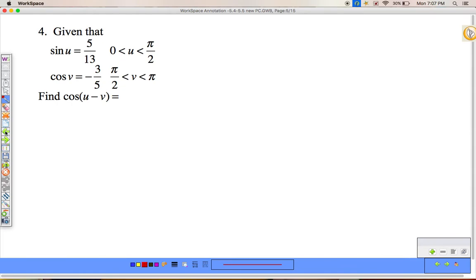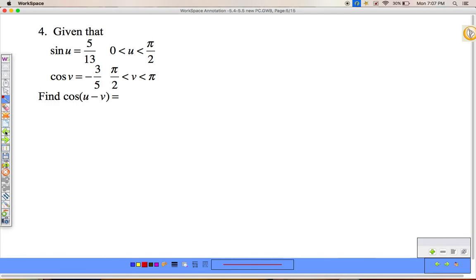We're going to give you the sine of u is 5 over 13, but my u is between 0 and pi over 2. The cosine of v is negative 3/5, where my v is between pi over 2 and pi. I'm asking you to find the cosine of u minus v.